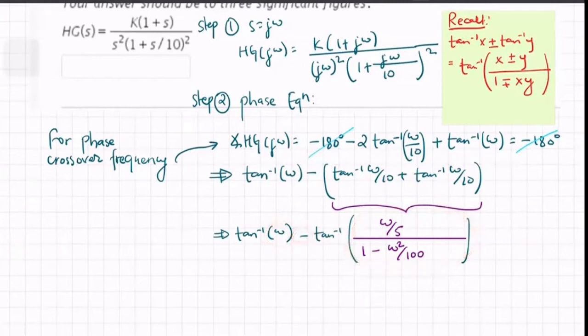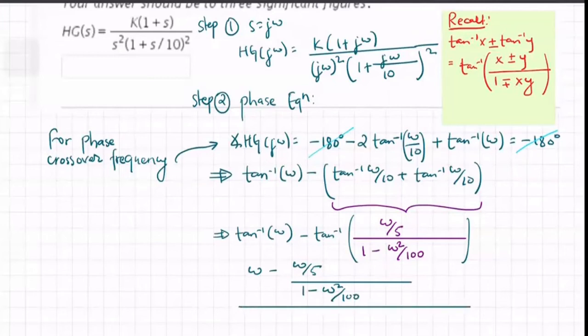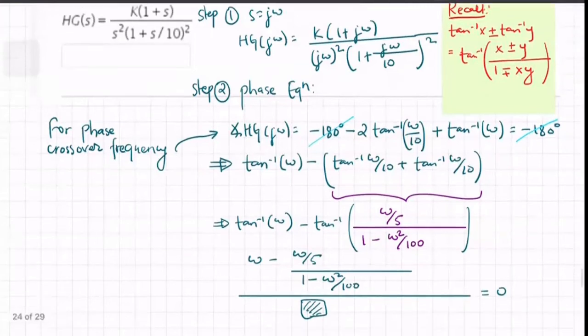Since I have a negative, I apply the formula with the negative: omega minus omega over 5, divided by 1 minus x times y. Since I know this is going to be equal to 0, I'm not going to calculate the denominator.